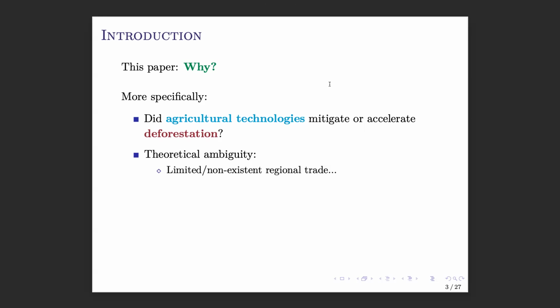So prior to the Industrial Revolution, the farther back we go, we think there's limited regional or even non-existent regional trade. So it's a very different world from the one we live in right now in that respect, also other respects, but certainly in that respect. And on the other hand, this was a world with Malthusian population dynamics.